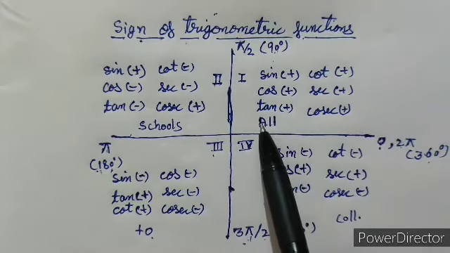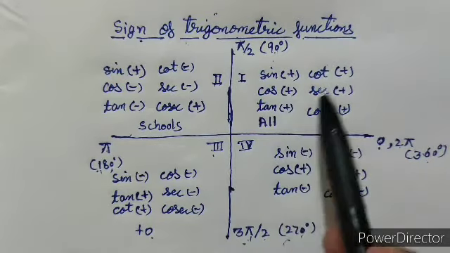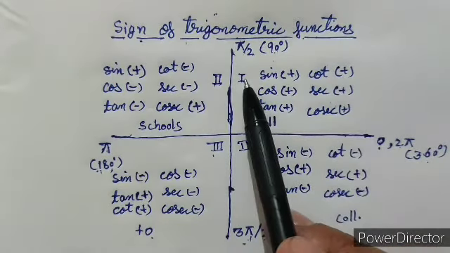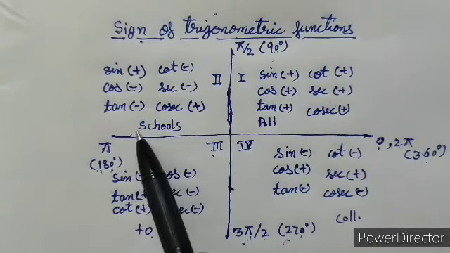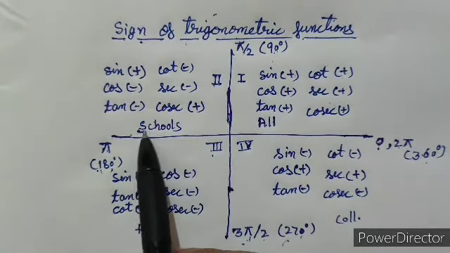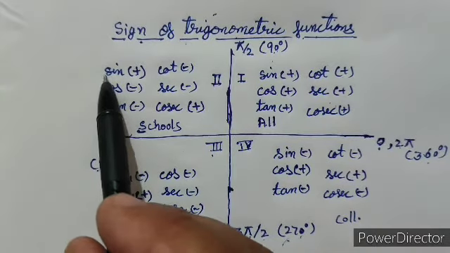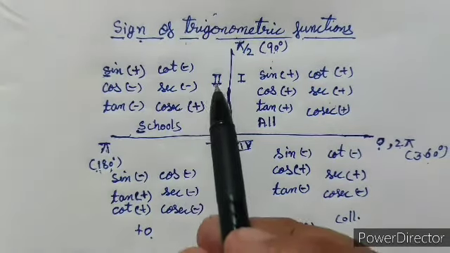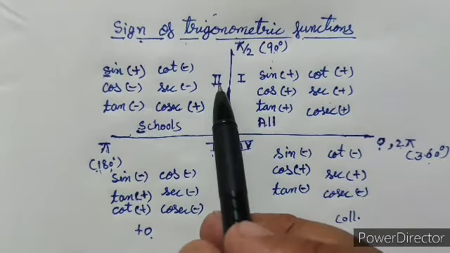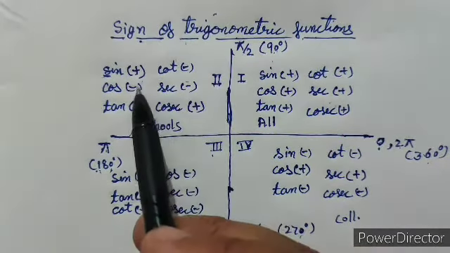Now all means all the trigonometric functions will be positive in first quadrant. Schools, S means sine. Now sine and reciprocal of sine, that is cosec, are positive in the second quadrant and other trigonometric functions are negative.